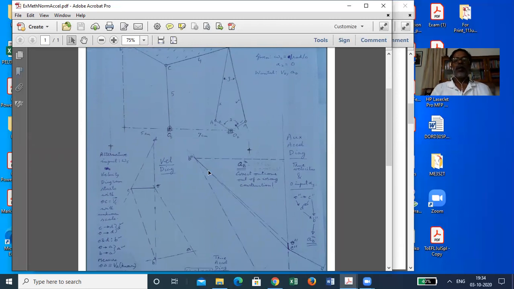Now, for the acceleration of B, O double prime to B double prime. This is the acceleration vector of B, as you have found in the auxiliary acceleration diagram. In that, this is the component along the velocity, which is the tangential component of the absolute acceleration. You see, we are connecting O to B. That means we are talking about absolute acceleration here.